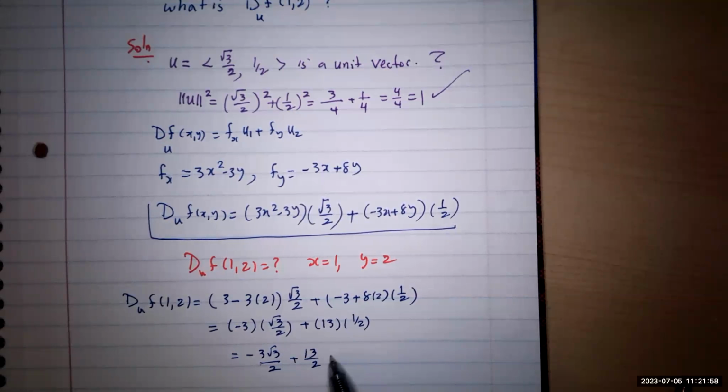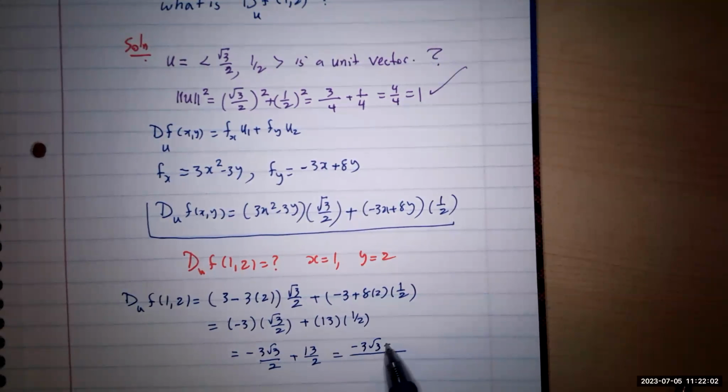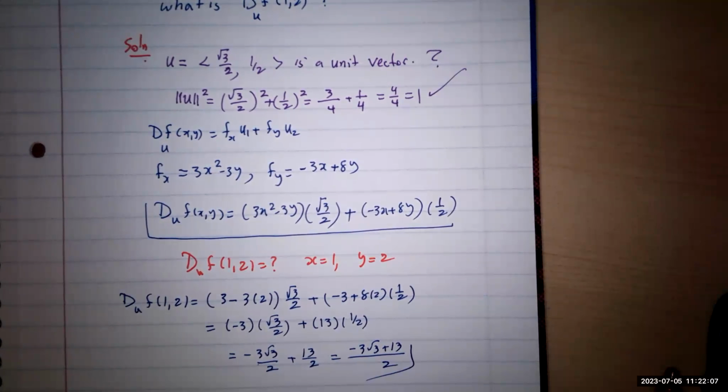Use your calculator or just write it down as negative 3 radical 3 plus 13 over 2, the final answer. Okay, so it's not going to be a big deal to find it. This is going to be a type 1 that you will see. Then you can consider it as we did before.